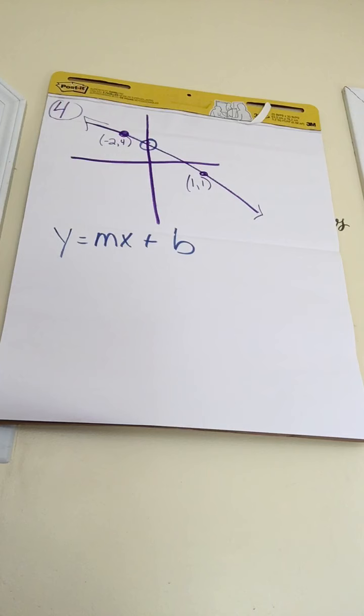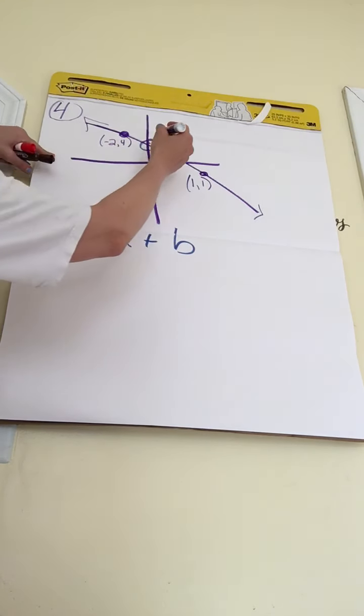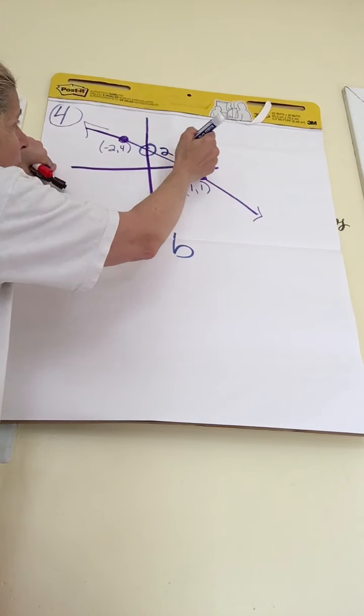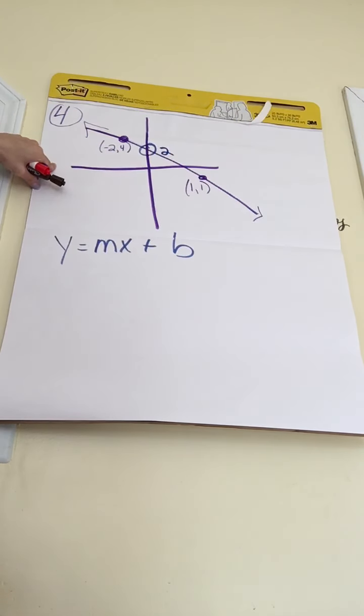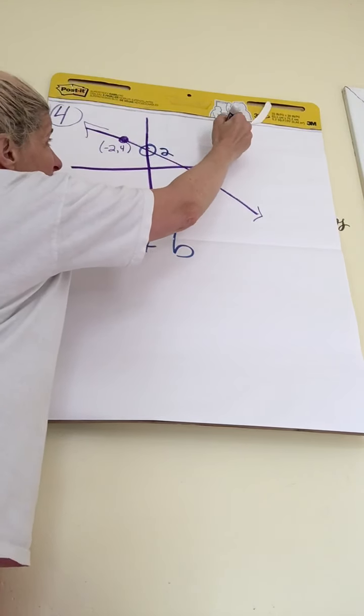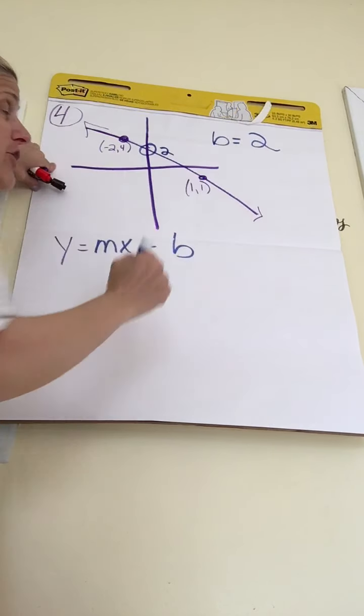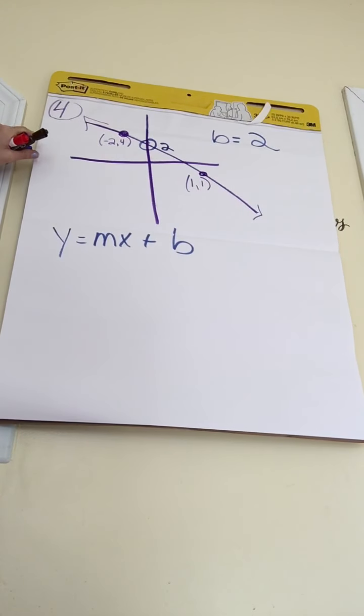On your notes, you see that it crosses right at the 2 on the y-axis. So I know my y-intercept is 2. So if you do not have an x coordinate with a 0 on it, read your graph. You with me? Okay, cool.